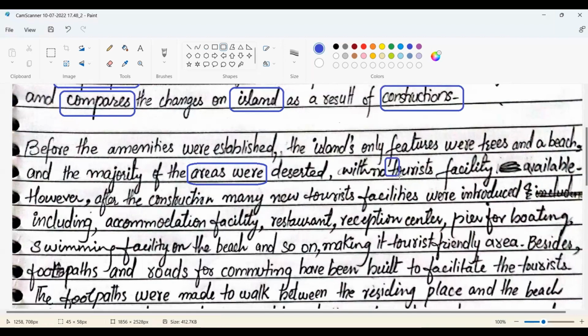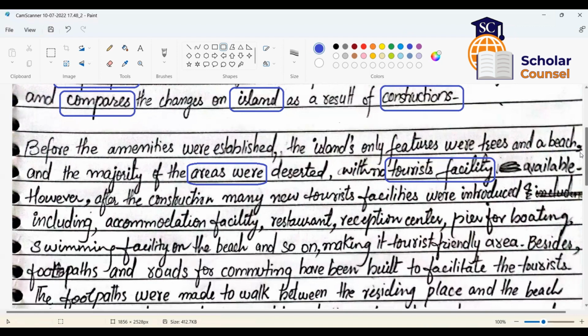Here one change is needed. It should be with no tourist facilities. Tourist should be singular and facilities should be plural. Or in another way we can say facilities for tourists. Okay. Fine.